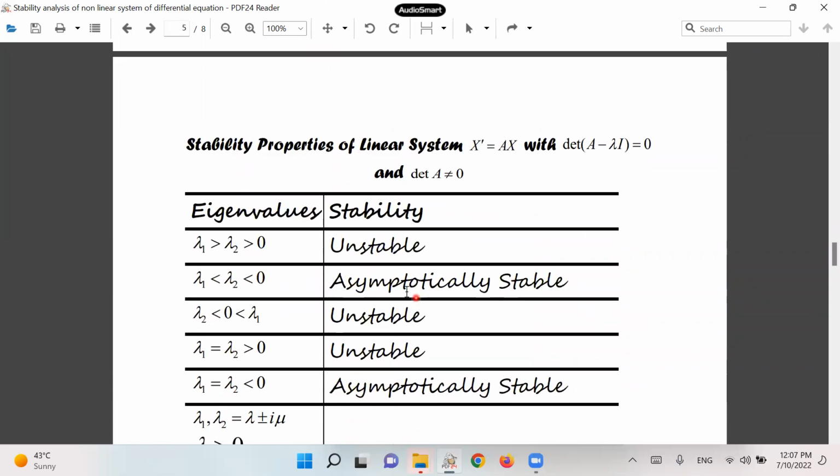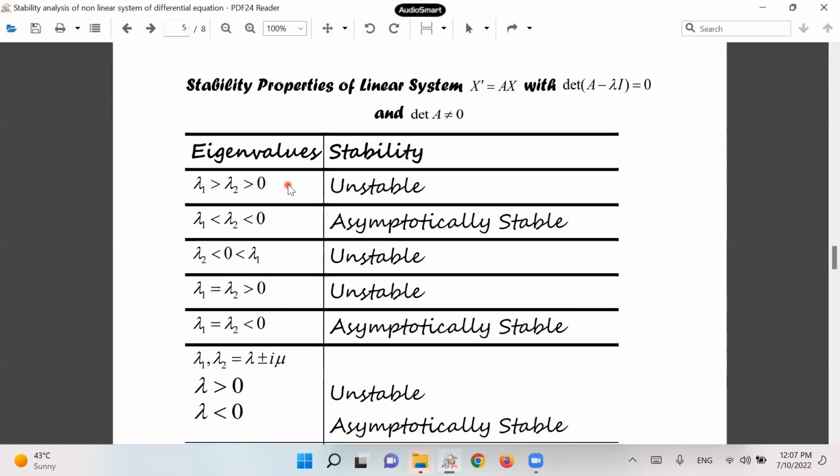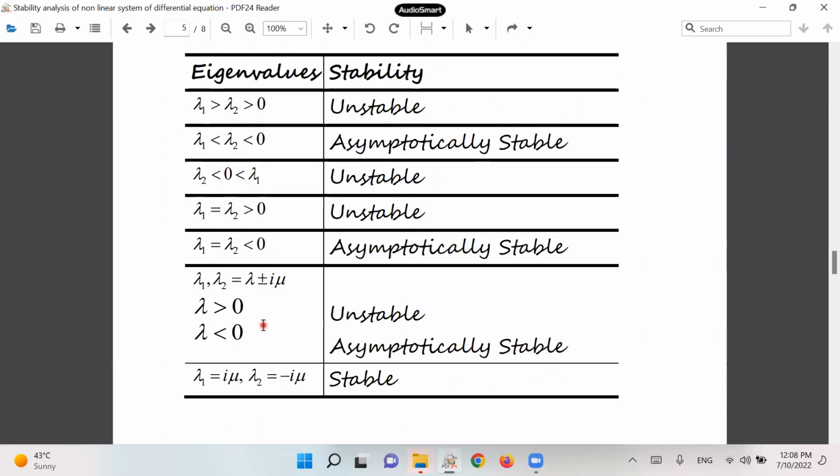We have to learn the stability properties of a linear system or differential equation. If the lambda values are positive, the system will be unstable. If they are less than 0, then it is asymptotically stable. So all these we have to learn in order to find the stability of the system.